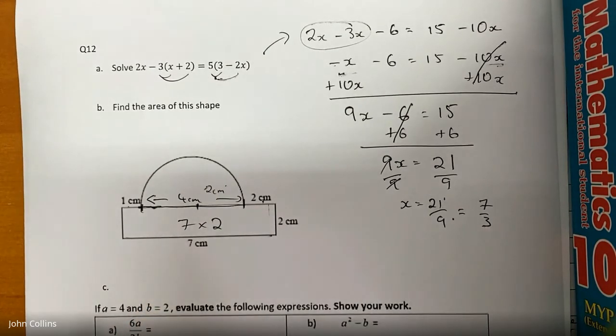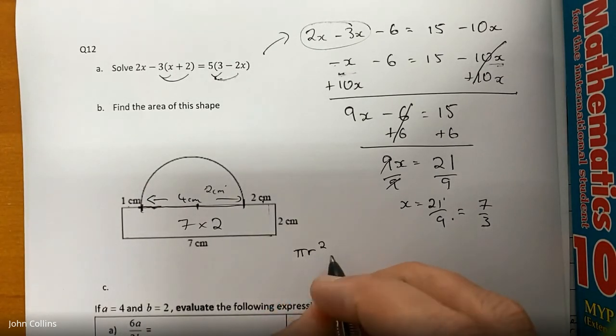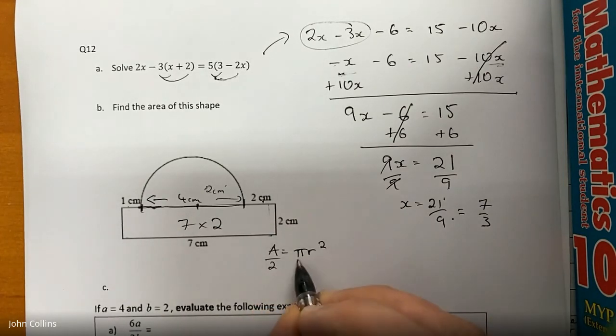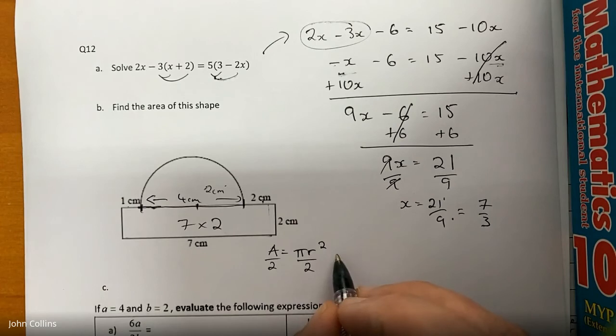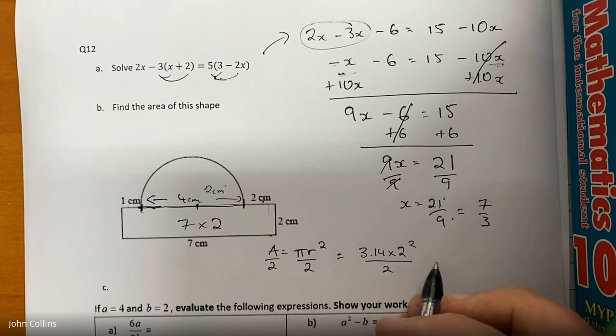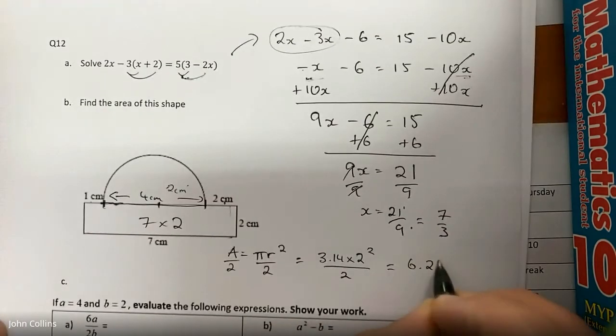So if it was a full circle, it would be pi radius squared. But in this case, I don't have a full circle, I only have half a circle, so it would be half that answer. Pi is 3.14, the radius is 2 squared, and then divide by 2, so it's 6.28.